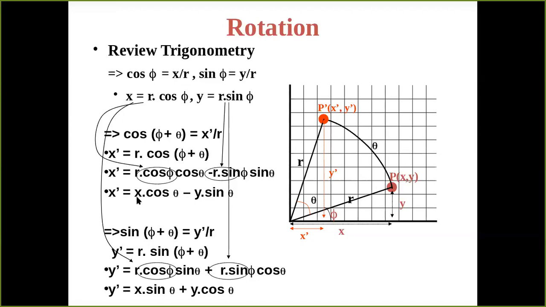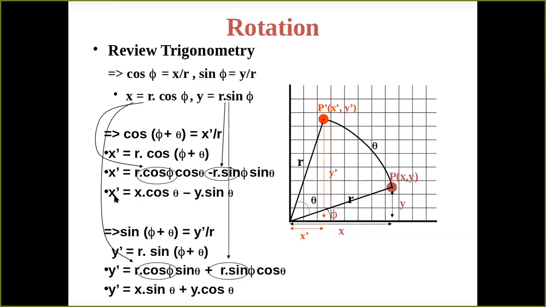From where do you find x? Because from the previous value, r cos phi is x and r sin phi is y. So put this value in this: r cos phi and r sin phi equal to x and y respectively. Similarly here, r cos phi equal to x, r sin phi is y.